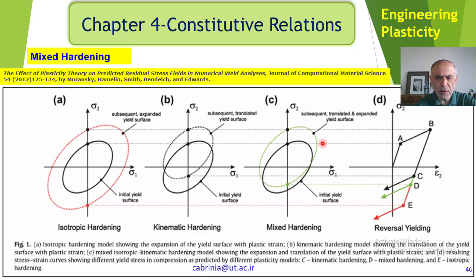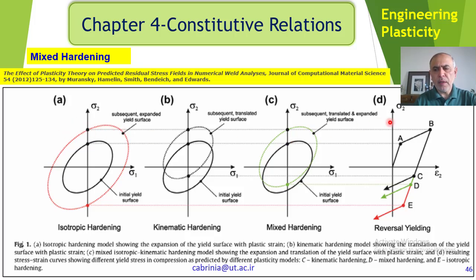As you can see, on all these the initial yielding is at the same point. Okay, that's the initial yield or incipient yield or the first yield, and then the second yield or the subsequent yield. We have shown it in here, and the isotropic one is on the yield surface here, the subsequent.